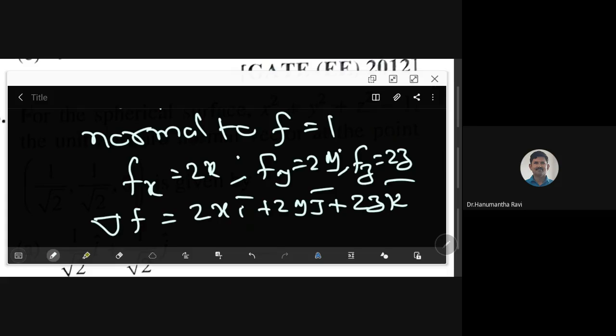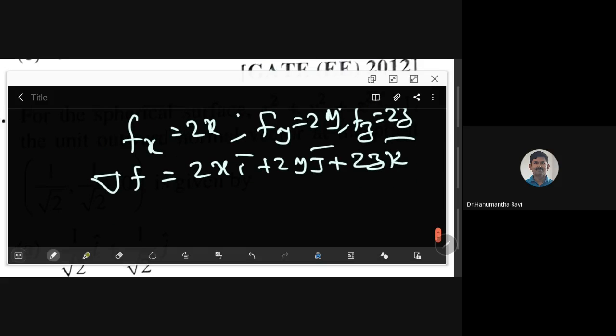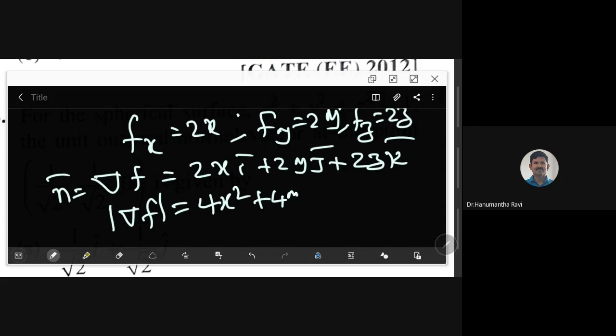Now we calculate the unit normal vector. Unit normal vector means first calculate the modulus of grad f. You can treat this as the normal vector to that surface. So this is 4x square plus 4y square plus 4z square.